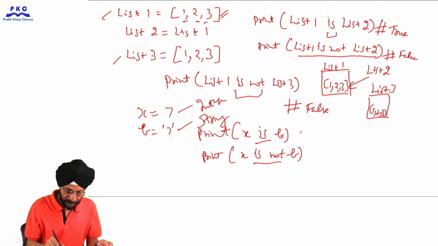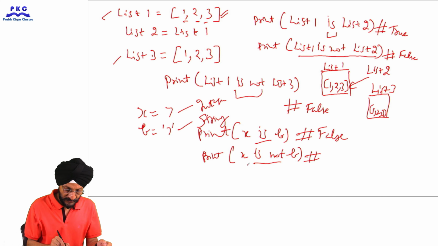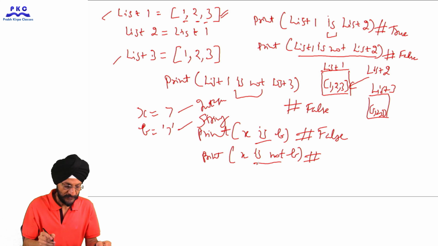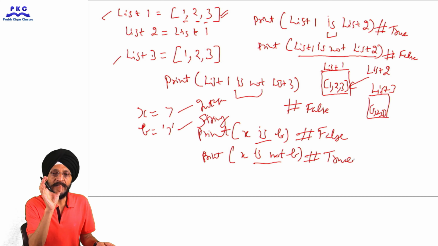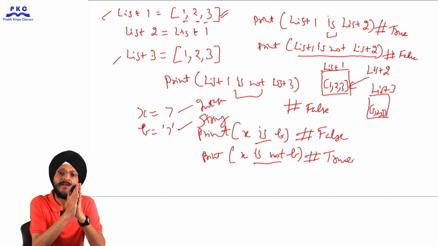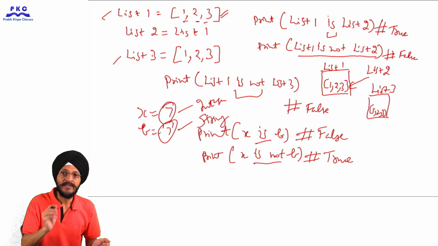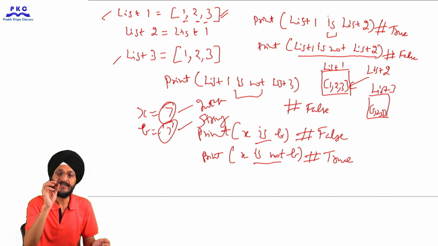So x is b, the output is false. If we use the is not operator and find out x is not b, the output will be true, because when the memory manager allocates the memory address or the memory location, it will store both the objects differently, because in one case 7 is an integer value, and in the other case 7 is a string.